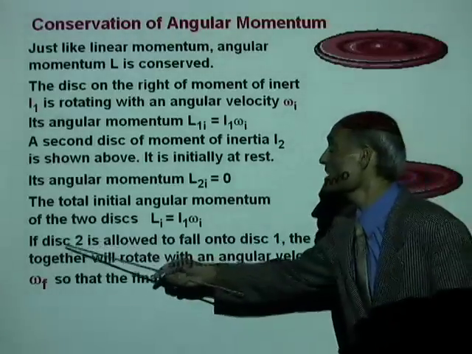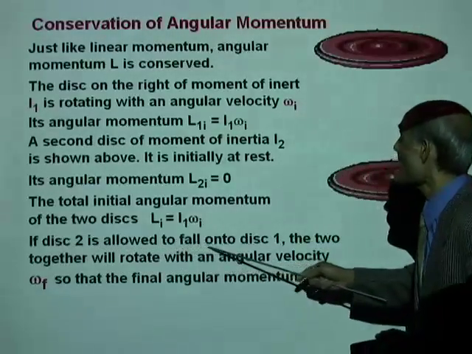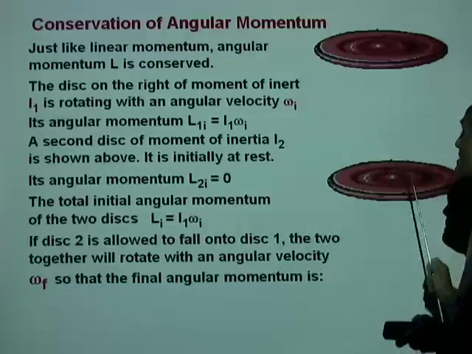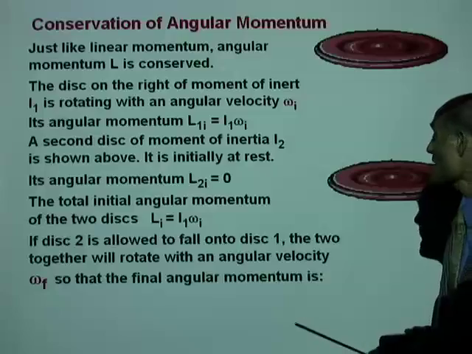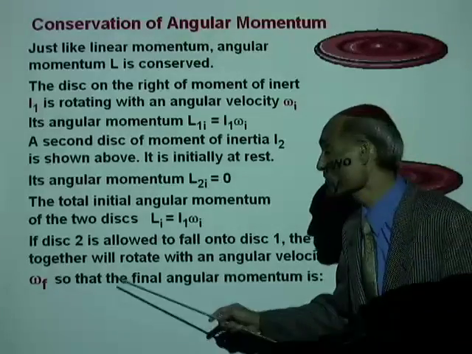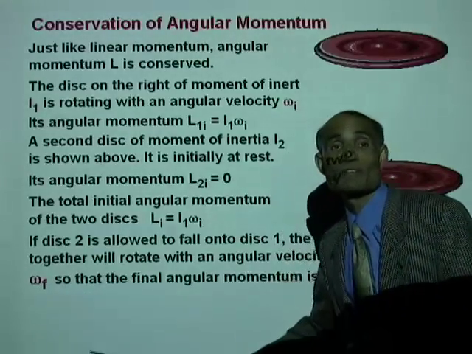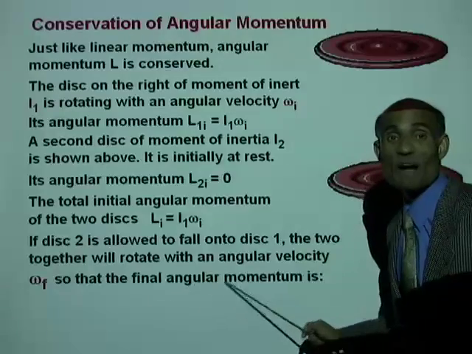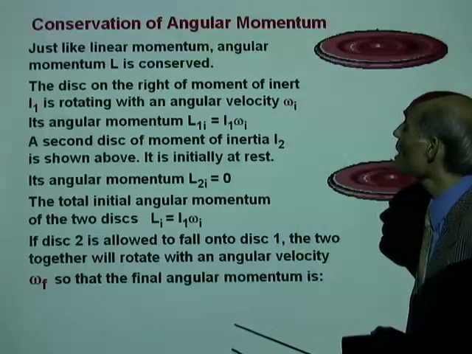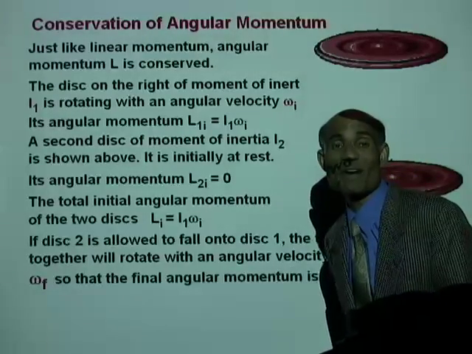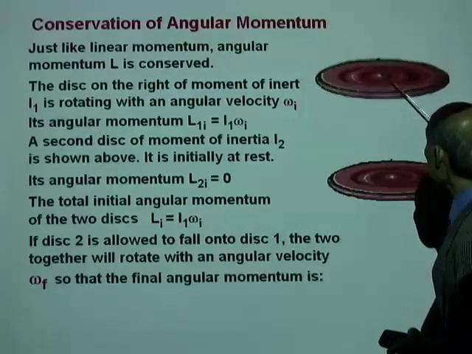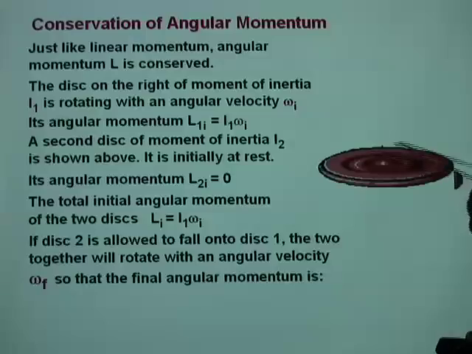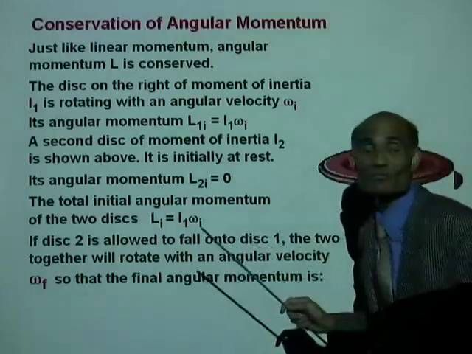Okay. If disk 2 is now allowed to fall onto disk 1, the two together now will rotate with an angular velocity omega f, so that the final angular momentum will be, can you write what the final angular momentum will be? When this disk falls onto here, the two together are going to rotate.